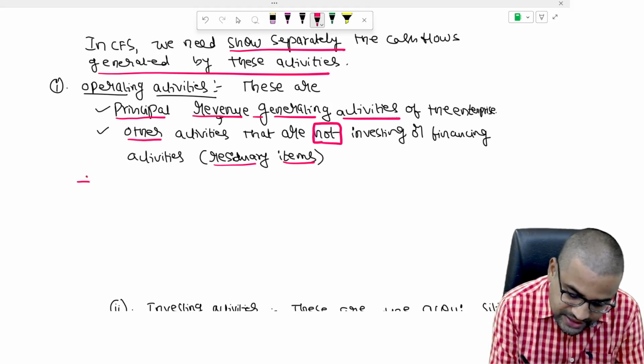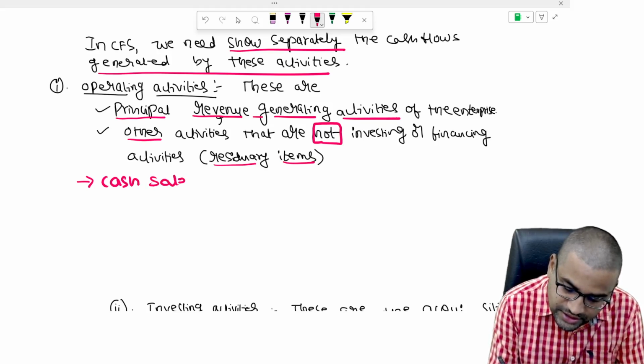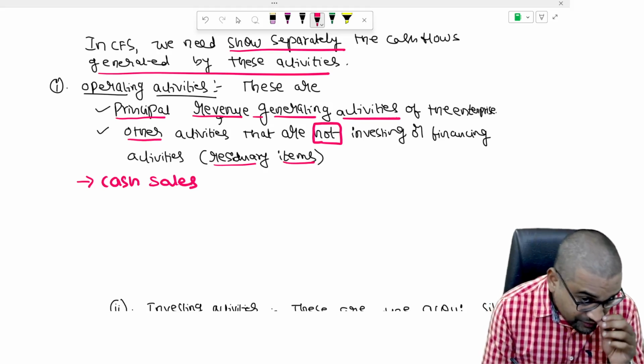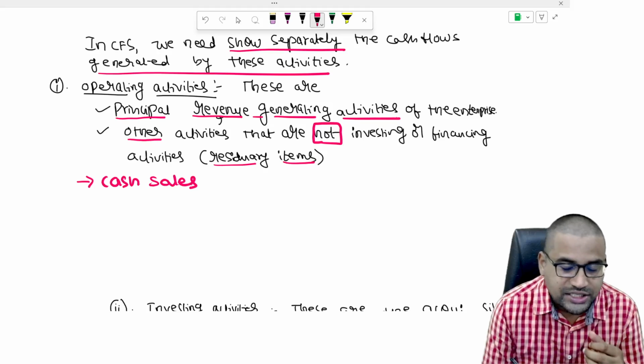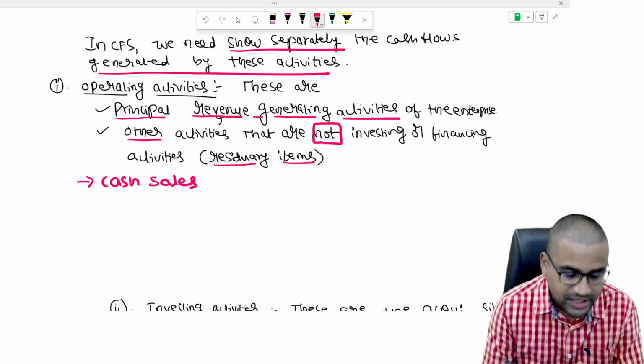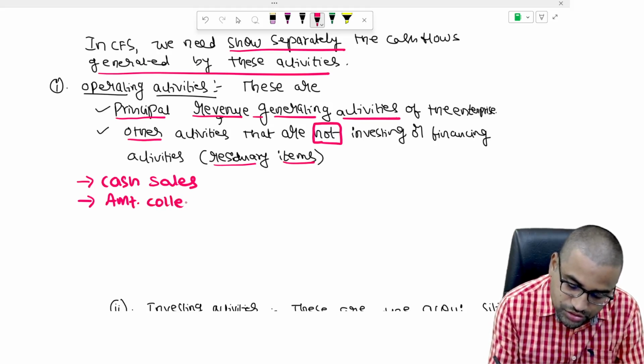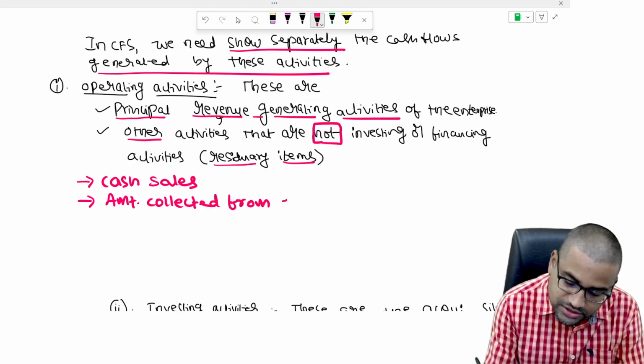For example, I can say cash sales. Cash sales is the best example for operating activity because these are principal revenue generating activity, or any cash received from sale of services. Next, amount collected from debtors or trade receivables.